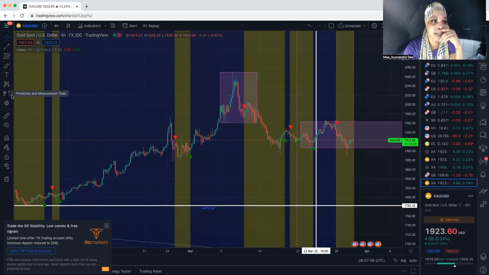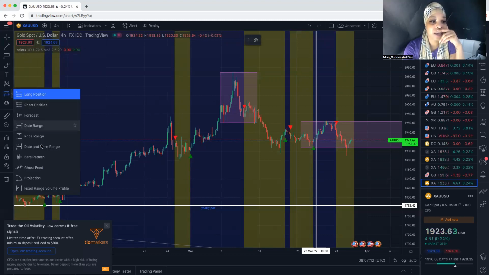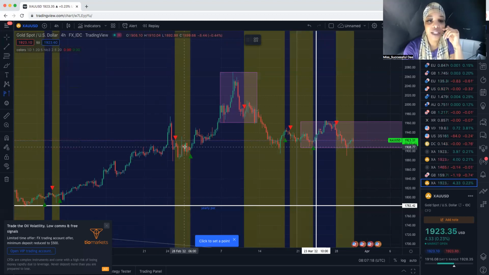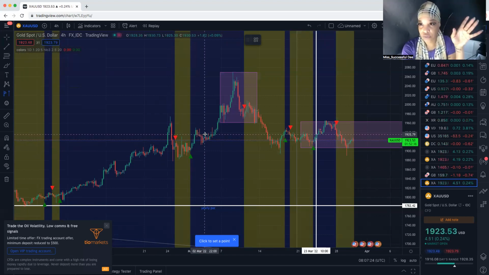The seventh one down, you'll probably see it with this icon. You click on the arrow that's next to it, and at the bottom you'll see fixed range volume profile. If you click on that, this is where we find our point of control.